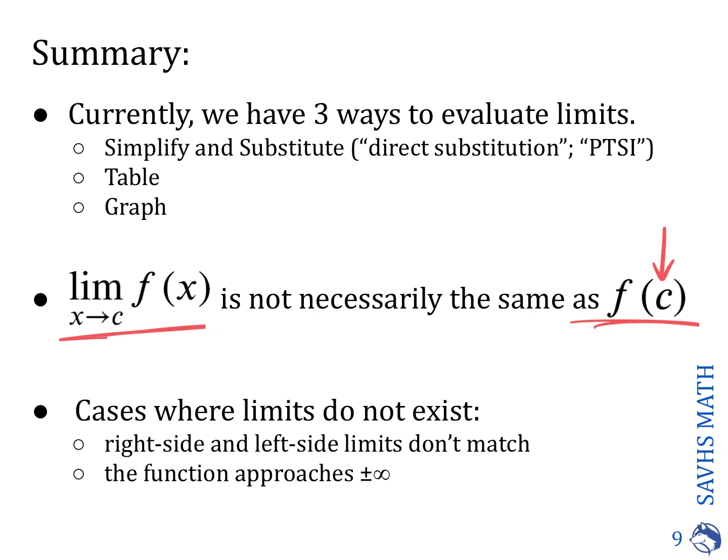If you put in the C value, sometimes you have that hole, where the function is defined in a different place. And the limit here is this spot, but the value of the function is this spot. So that's kind of weird. And then we just really quick talked about the cases of when you have a limit that does not exist. That's if the two-sided limits don't match, or if it goes to positive or negative infinity.